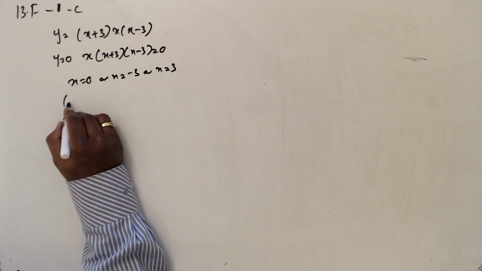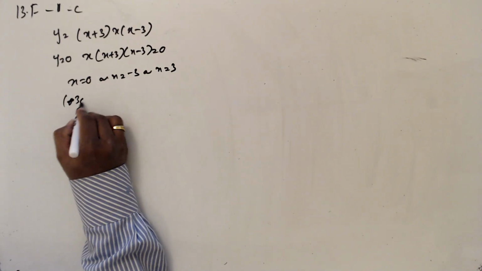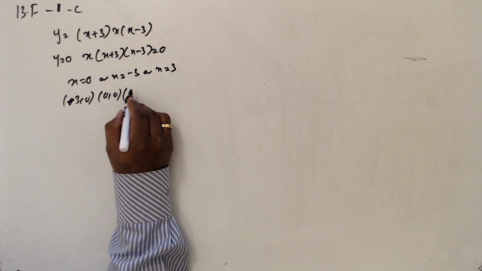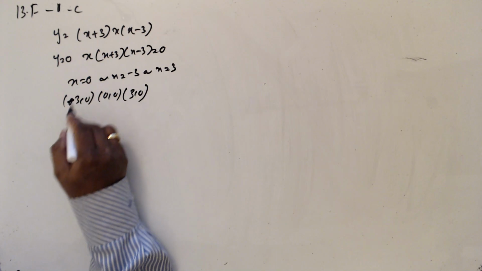So the points are minus 3, 0, 0, 0, and 3, 0.